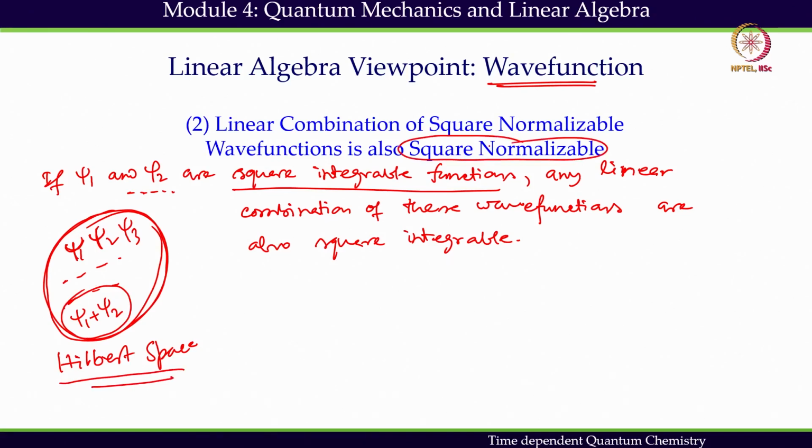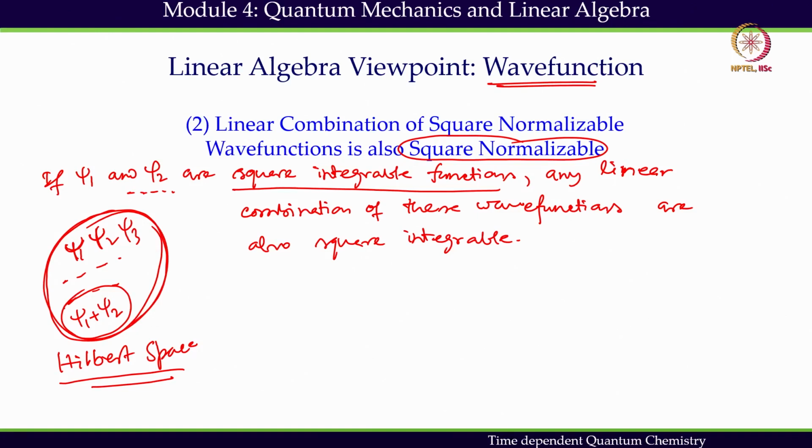I can normalize it, which means I can accept it as a solution in quantum mechanics. Because one defining condition of Hilbert space is that both functions and their linear combinations should be part of that Hilbert space.